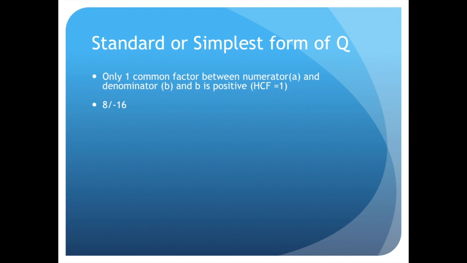The example is 8 divided by minus 16, which is a rational number. 8 by minus 16. Now we can see from the given number that both the numerator and denominator are divisible by 2. So we divide both of them by 2, and it becomes 4 divided by minus 8.